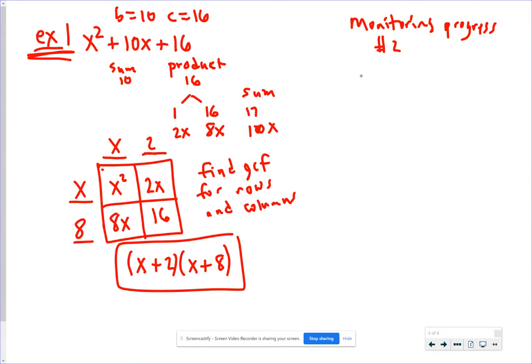And that polynomial is x squared plus 9x plus 8. So again, b is 9, c is 8. Here's the b, there's the c. I need two numbers that multiply to create 8 and have a sum of 9.